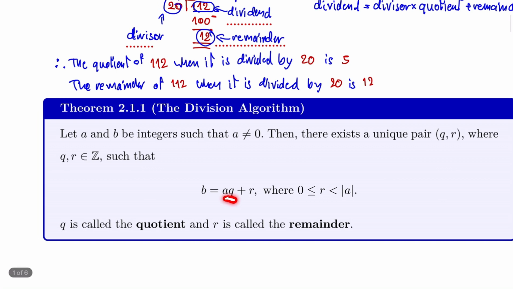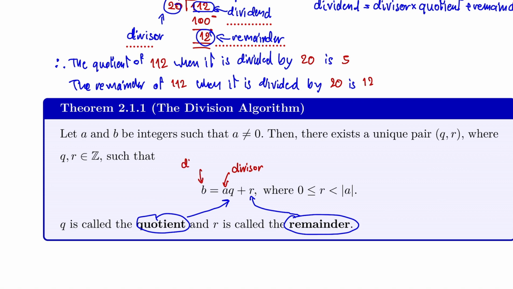Here q is called the quotient, and r is called the remainder. What is a here? a is the divisor. b is the dividend.